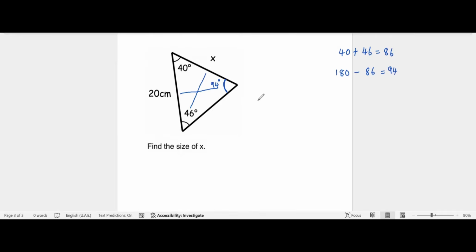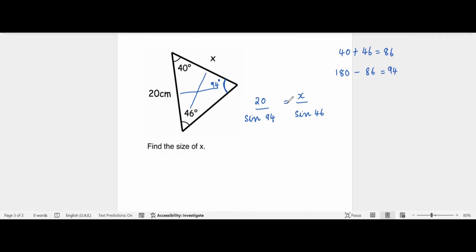For 20, the angle opposite to it is 94. So 20 over sine 94 is equal to, now x is the side length. Opposite to x, we have 46. So sine 46. Angles in front of the side, you should put sine.